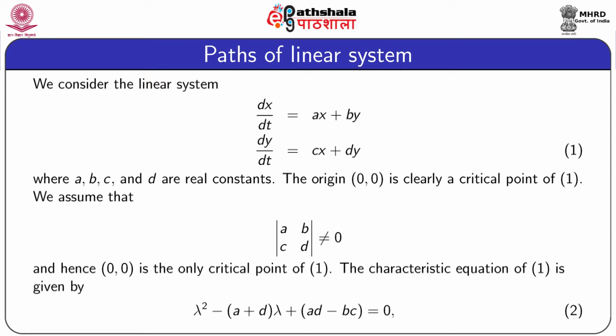Previously, we have seen that if the roots of the characteristic equation 2 are real and negative, then we get a stable node. Here we will prove mathematically that we actually get a stable node.